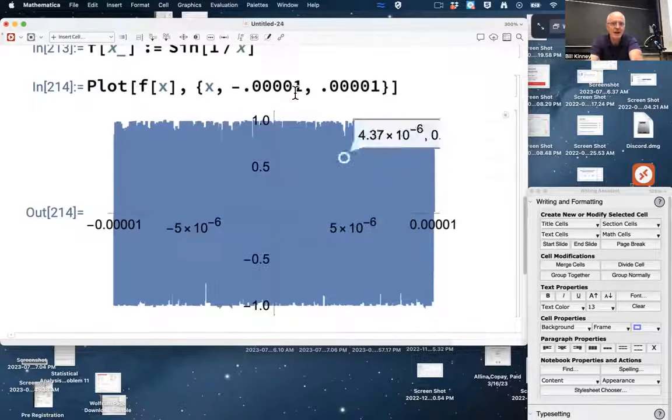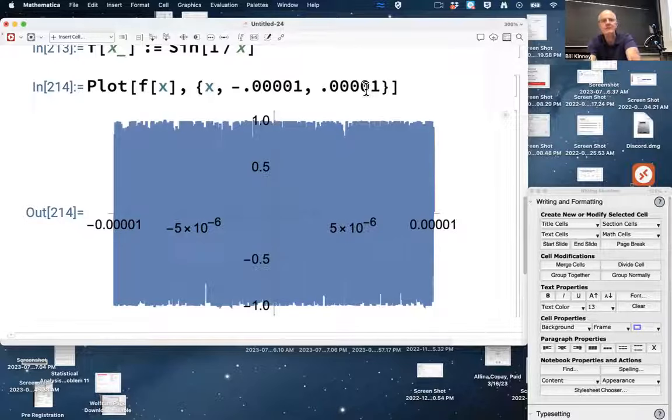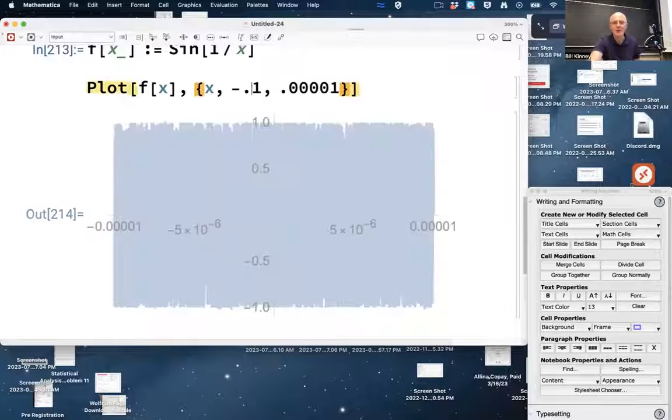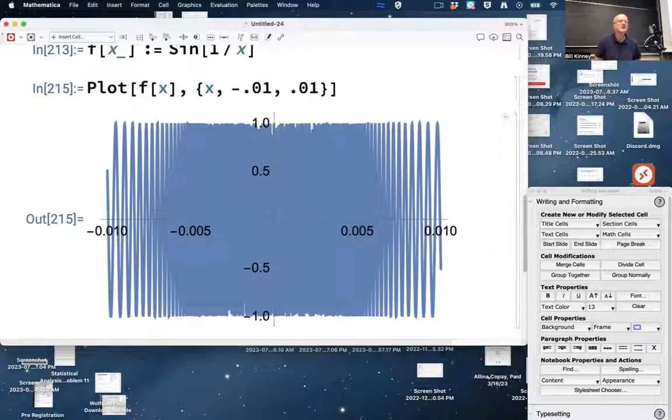And there is what Mathematica is producing between negative 0.0001 and positive 0.0001. Might have said the wrong number of zeros there on one of those. It's looking like plenty of oscillations, and in fact, infinitely often. If I go further out, then I don't see quite as many. But it's pretty clear it's oscillating a lot. Really, it is infinitely often.